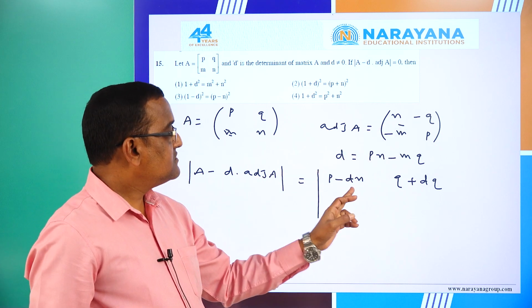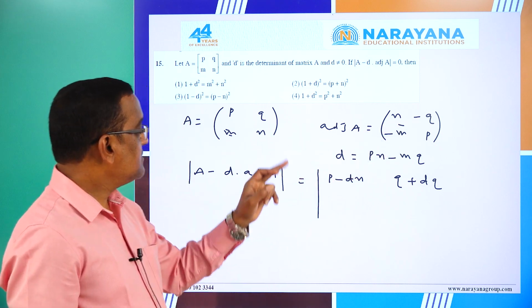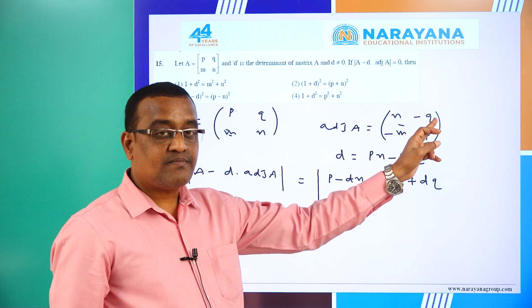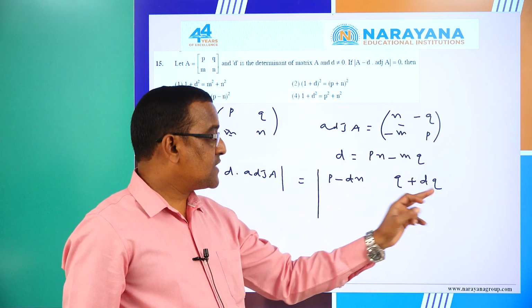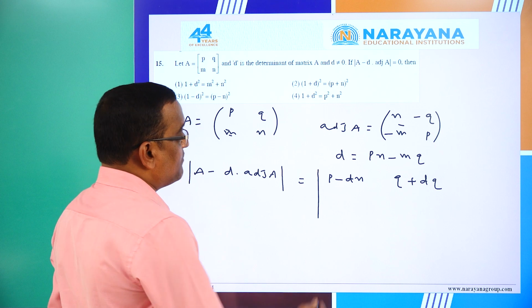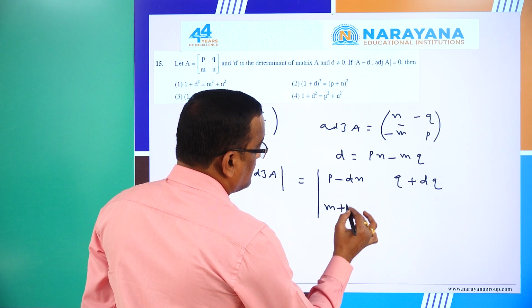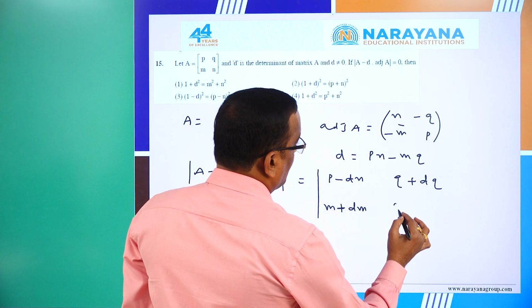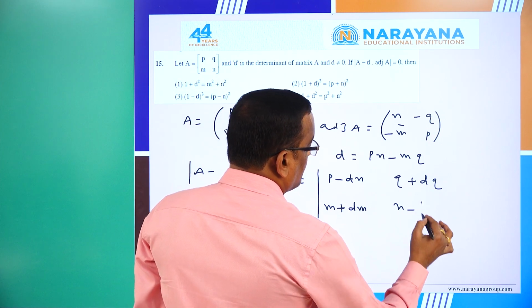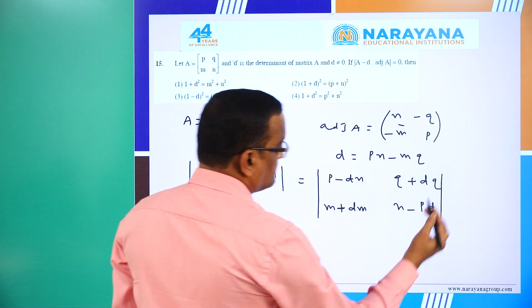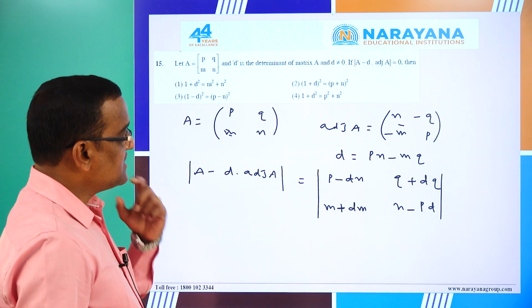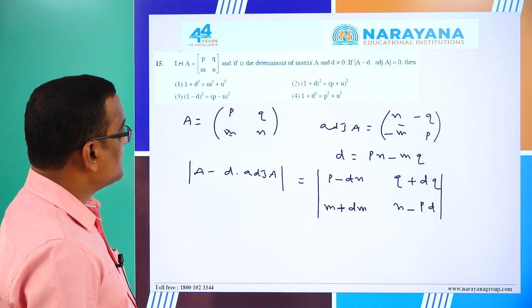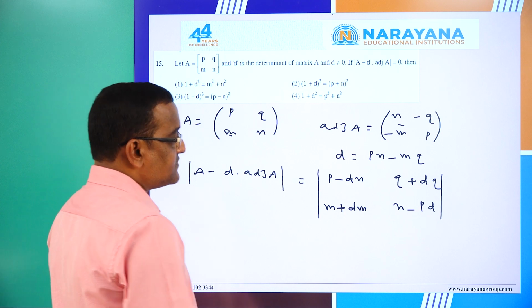D into n, p minus Dn; q minus (minus Dq), that's why it is plus Dq; m minus (minus Dm); and n minus Dp. This is the determinant of A minus D into adjoint of A. Given this is 0.